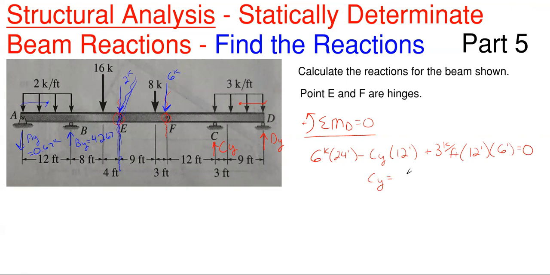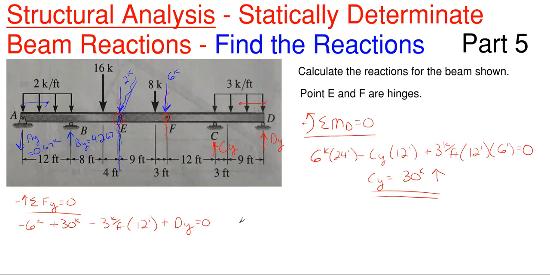When you rearrange and solve for C sub Y, it comes out to be exactly 30 kips. Came out to be a positive number, so that means my assumed arrow direction of upward was correct. Alrighty, so since we have C sub Y, let's take the easy route and sum forces in the vertical direction for this right portion of the beam to get D sub Y. So we would have the minus 6 kips at point F, plus the 30 kips upward at C, and then minus the 3 kips per foot times the distance it runs for that uniform load, plus D sub Y because we have assumed it upward.